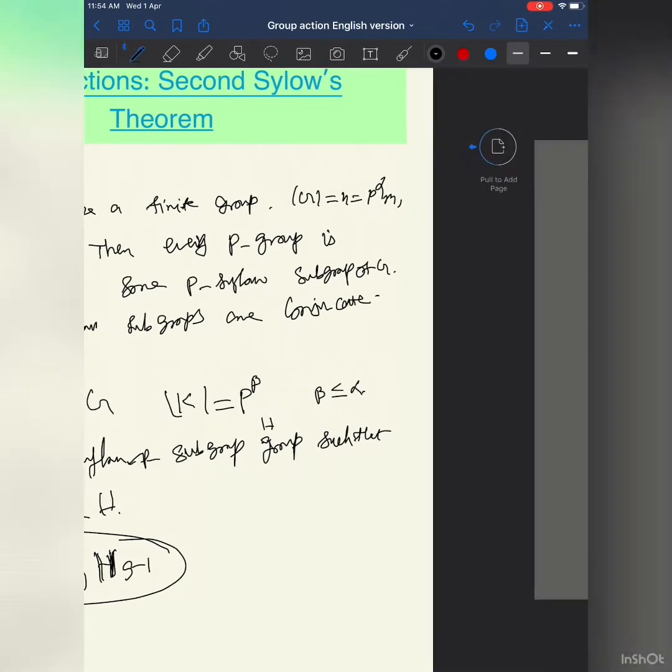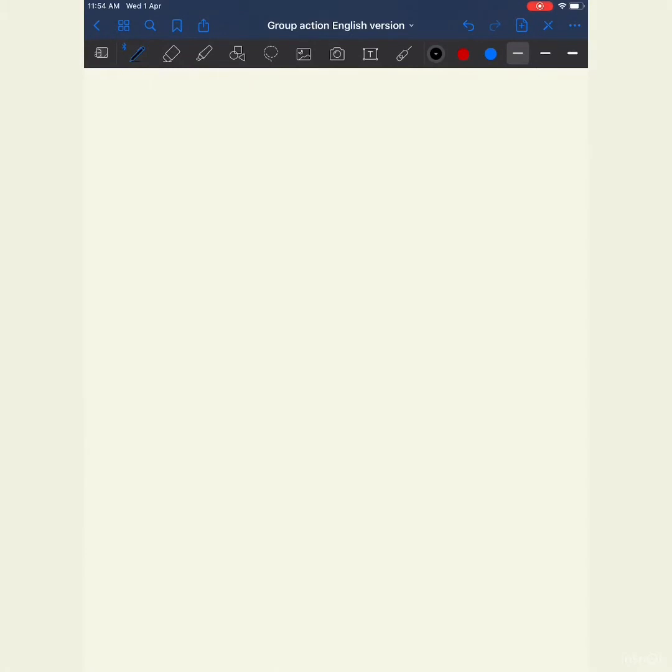In one stroke I am going to prove this. How? Proof. Let me explain a little bit what I am going to do. Let K be a p-subgroup of G, and H be a p-Sylow subgroup.